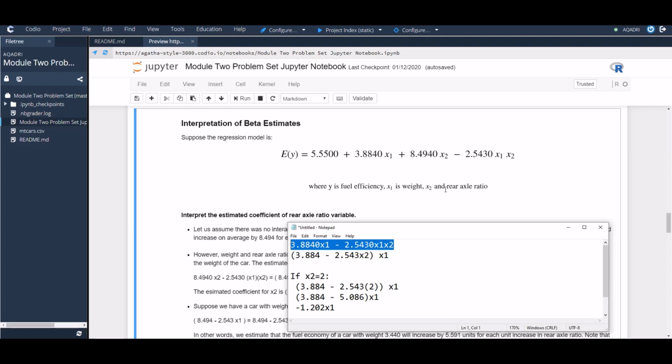Likewise, when we considered rear axle ratio, we took the term that includes rear axle ratio, that's 8.494x2, and the interaction that includes the same term, and worked with those two terms to come up with the estimated coefficient. This is really the challenge here. Once you have set that up, it's a fairly simple calculation, and that would lead you to properly interpreting the estimated coefficient.